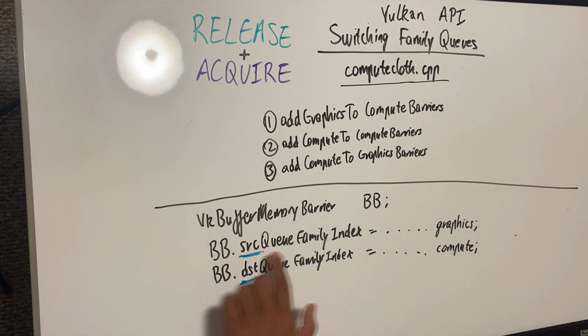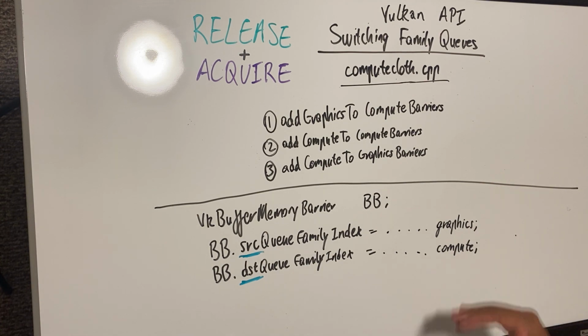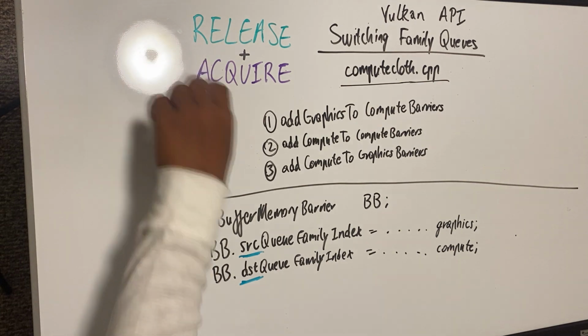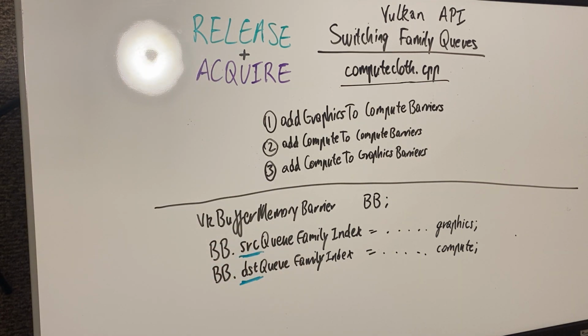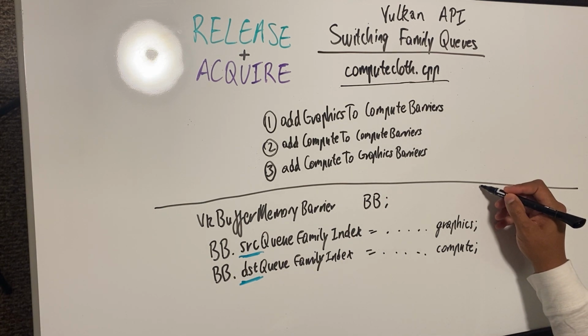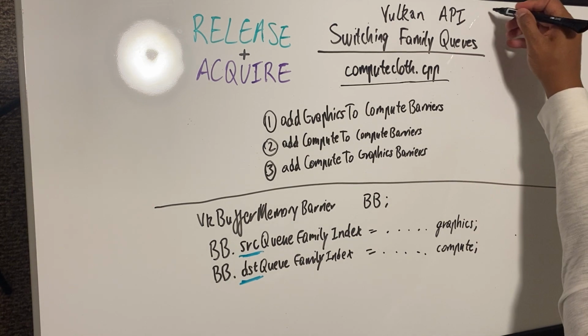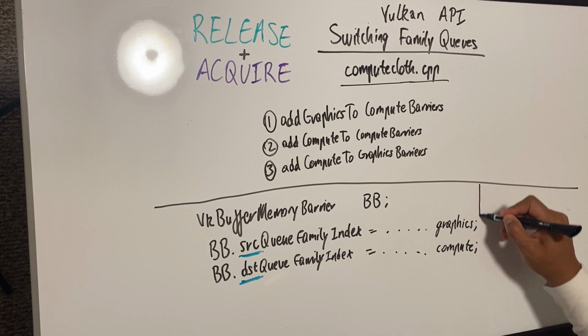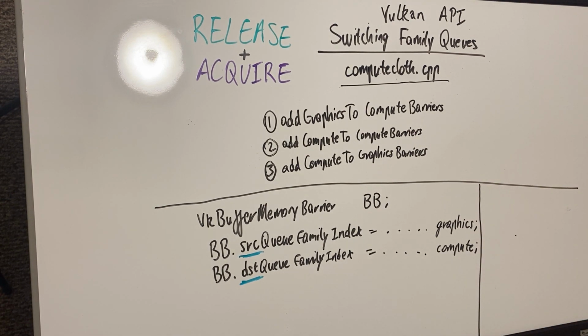The source is graphics, the destination is compute. So I believe you're basically moving over to compute, right? Remember, we're talking about release and acquire, right? So the thing about it is that, and maybe I'll just do it over here, so you guys can see.